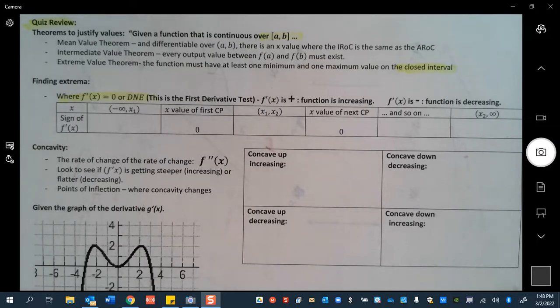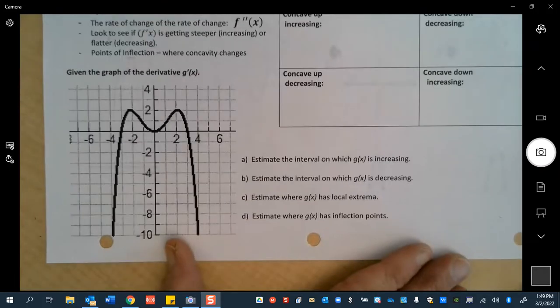So when I take the sign of my derivative and I create this sign chart where I add as many critical point columns as I need, I look at everything on this side, I look at everything on that side, and I can validate whether it's increasing or decreasing. Now, if they give us a graph, I don't need to do that noise. If they give us an equation, I need to find the derivative to find where those critical points are. If I'm looking at a graph, I can just see it on my graph.